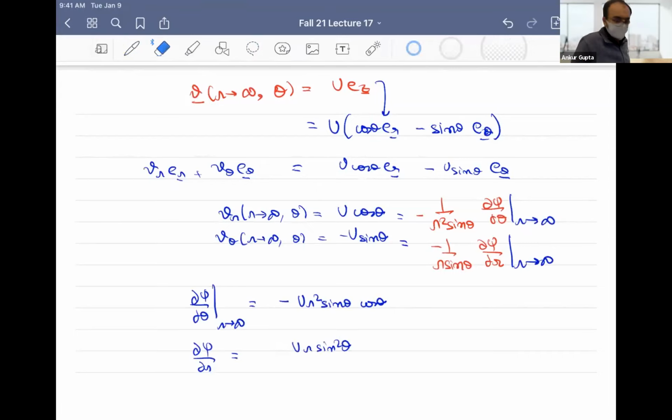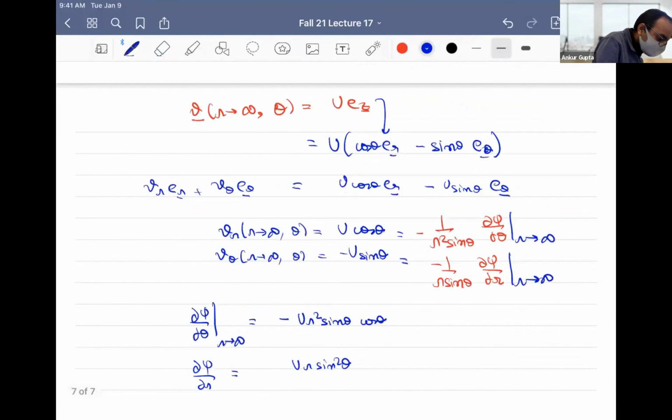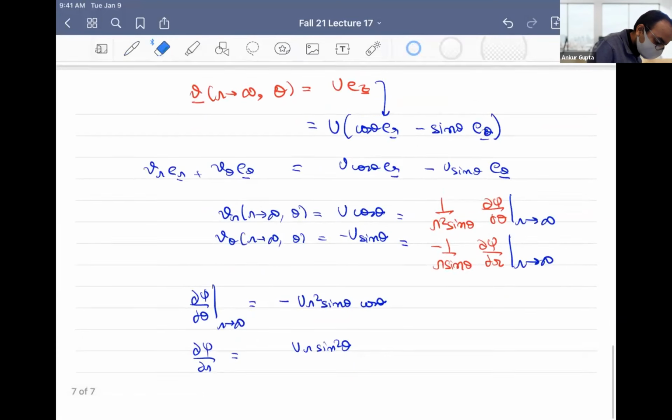Is there a mistake? I think I may have made a mistake with a minus sign. There is no minus sign here. Sorry about that. So this is U r squared sine squared theta. Yes, both should be plus. Okay, and this is also as r goes to infinity.